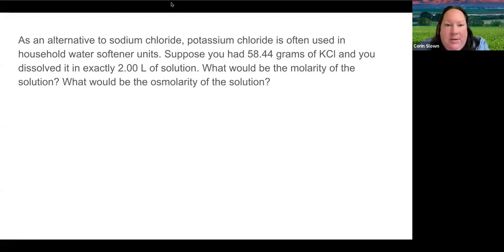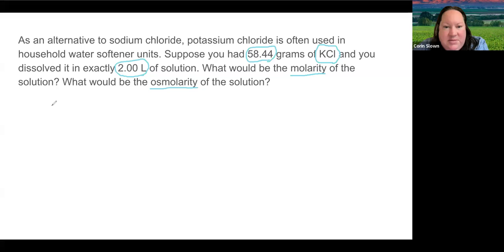Okay, so there are a couple of pieces of information that we're given here. We are given a mass. We're given the chemical formula, and we're given a volume. And we're being asked to find the molarity of the solution and the osmolarity of the solution.